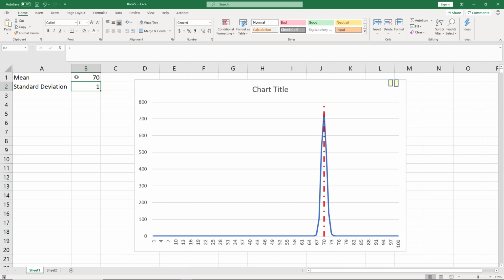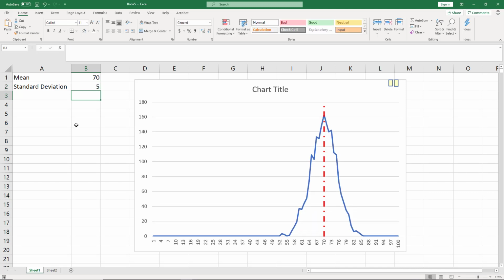But I want to give you an idea by changing the standard deviations and seeing what happens to our graph. Instead of a standard deviation of 1, because that's telling us right now that almost all of the tests are really close to 70%, let's imagine a standard deviation of, say, 5. And you can see what happened is now I have the same mean.